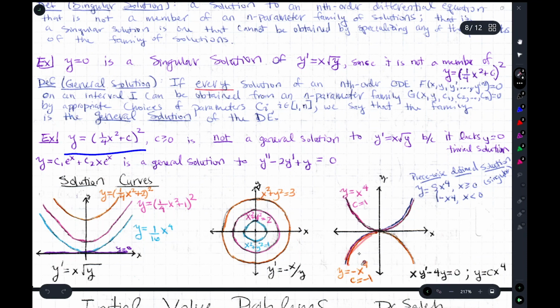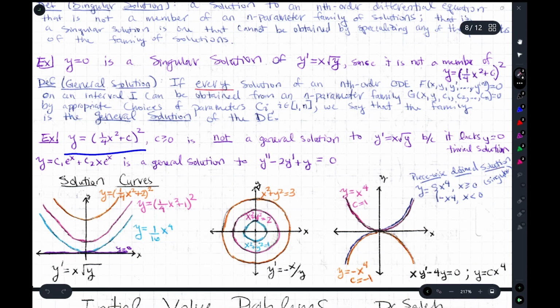And on the left of the y-axis, we take the orange curve, okay? And we glue them together, okay? We glue these two curves together, the pink on the right-hand side and the orange on the left-hand side, at x equals 0. And that is also a solution curve, okay? This is indeed a solution curve.